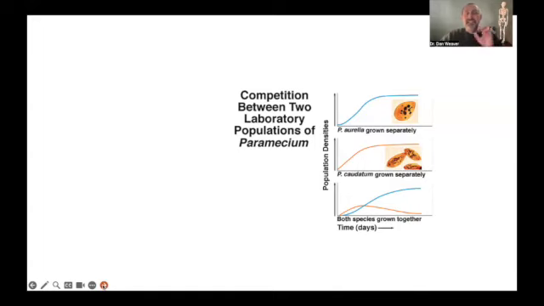We see it in these single-celled organisms called paramecium. So the blue one represents one type of paramecium. It's growing in a little petri dish and it's doing just fine. The other type of paramecium, grown separately, does just fine. The population rises till it starts to level off, and together or separately, those two paramecium do just fine.